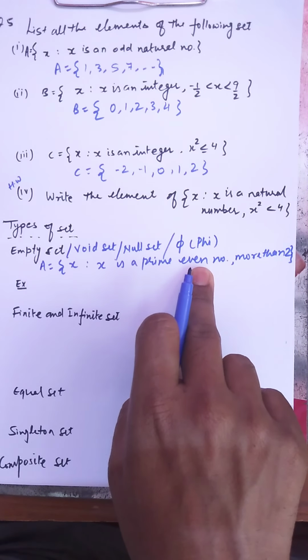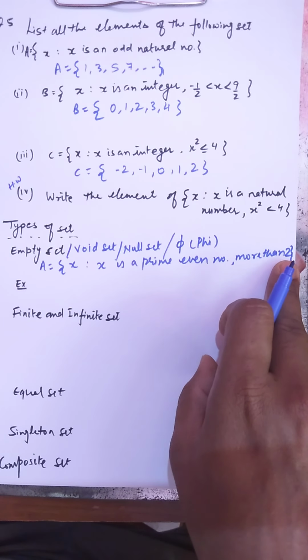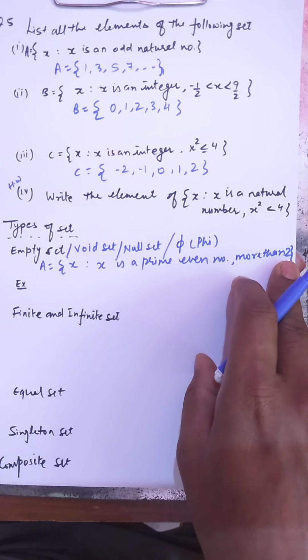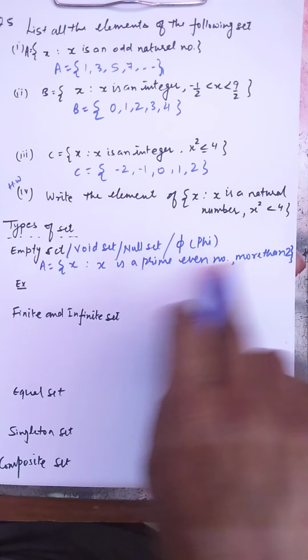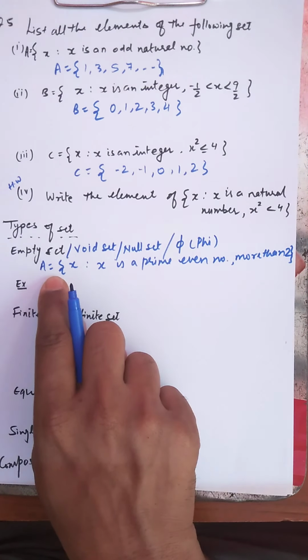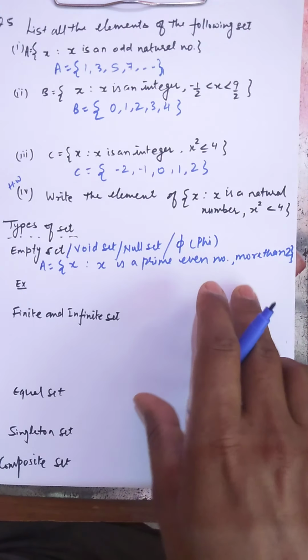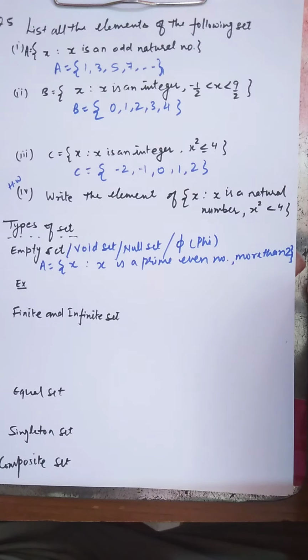It should be prime as well as even, and another condition is that it is more than 2. So if I ask, is there any number? Your answer will be no, there is no number. So it means that A is a phi set because there is no element according to this condition. There can be more examples, we'll take up in the exercises also.